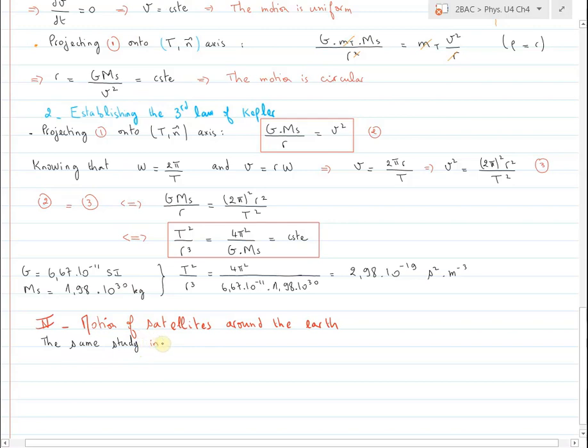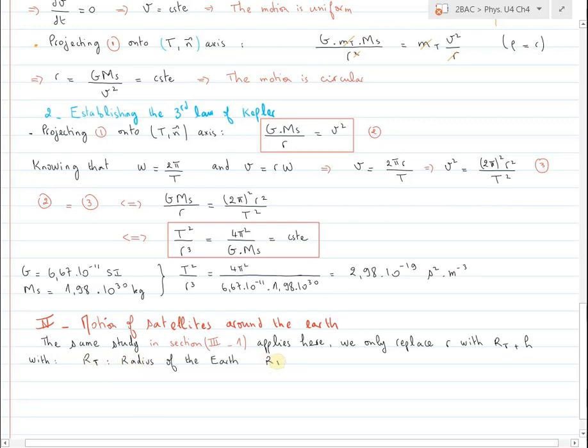The same study in section 3, section 3.1, applies here. The only difference is the following. We only replace R with R_T plus H, with R_T being the radius of the Earth.